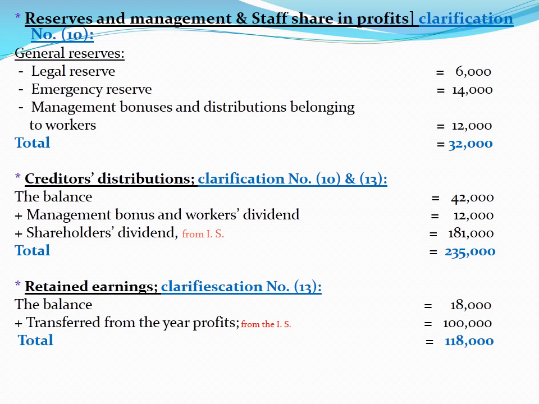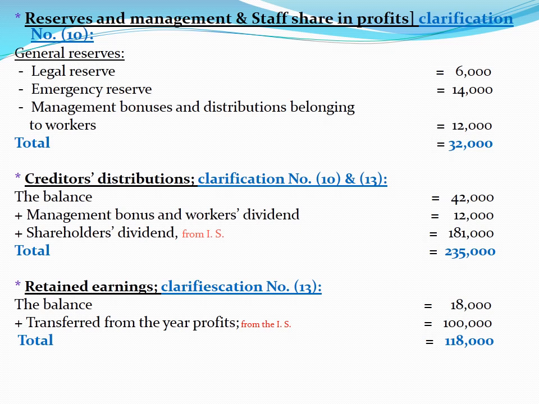The balance in the trial balance is 42,000 plus management bonus and workers dividends plus shareholders dividends from the income statement, the total 235,000. What about creditors distributions?